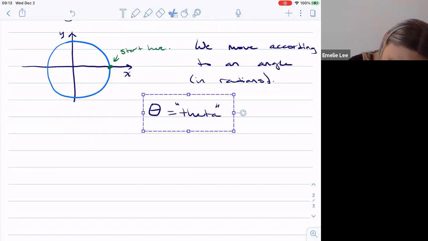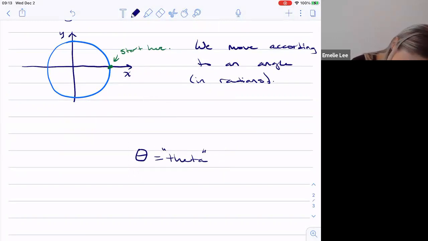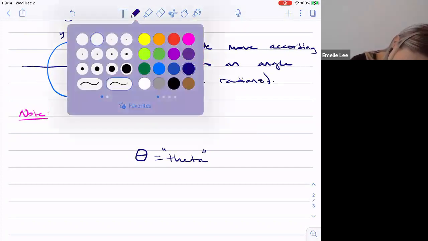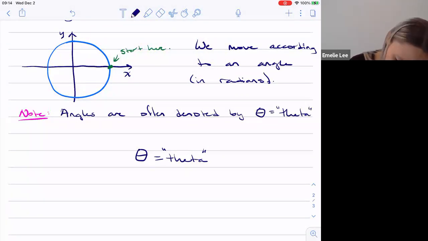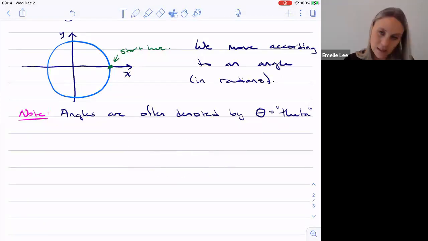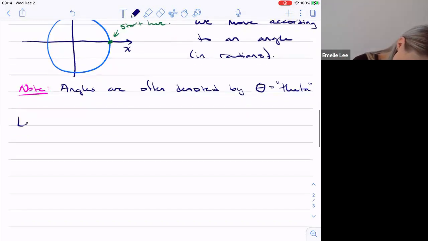So maybe I'll write a note. Note: angles are often denoted by theta, which is spelled like that, Theta. Okay. So usually if you see a theta, it's denoting an angle. Just to keep it simple, we can start by calling the angles t. So let t be the angle.